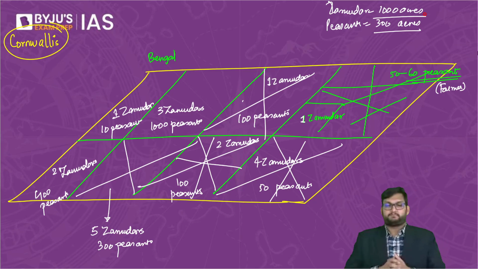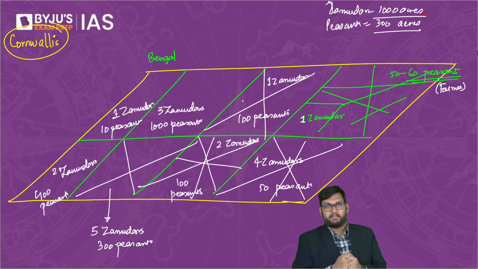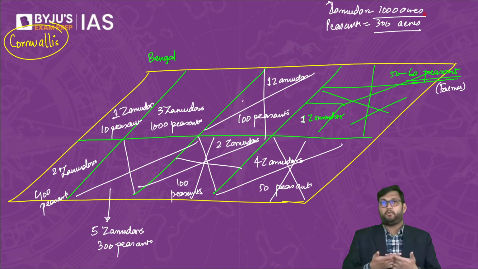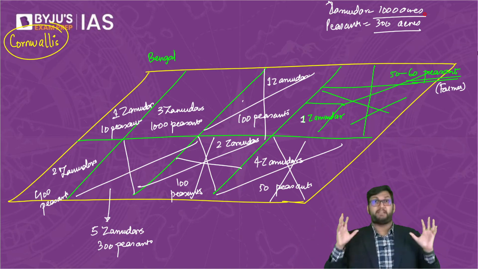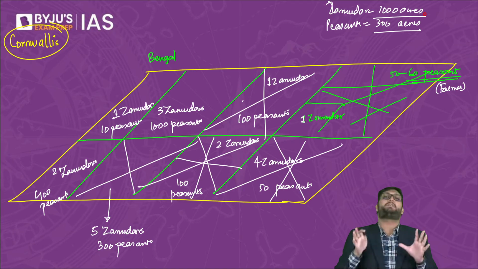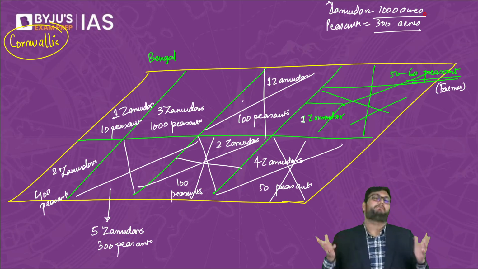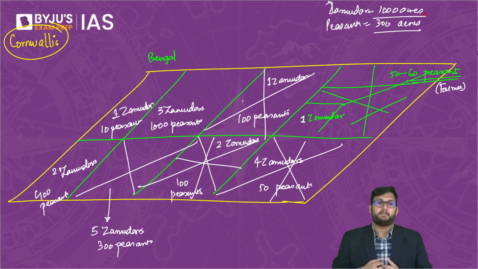Now, Cornwallis himself is a zamindar. He himself is a landowner in England, comes from a very rich family. So he already has a bias towards zamindars. He believes that zamindars are the real power centers of Bengal. That may be true in that sense.